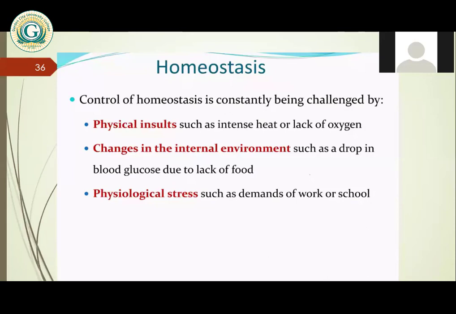When there is a drop or a high glucose level in the blood, it is going to affect them. Then you have physiological stress, such as the demands of work or school, or anything emotional that stresses the system physiologically, which also alters homeostasis.